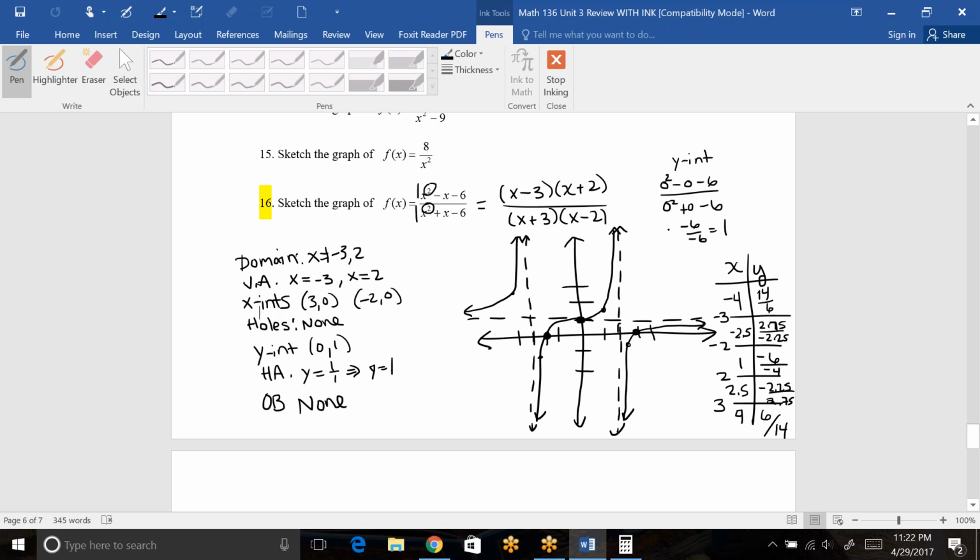This is probably the most complicated. The first two of them are a little bit more basic, but this gets you a lot of information. You saw vertical asymptotes, you saw x-intercepts. The best thing I can tell you on these on the test is just to put every bit of work that you can into it, because there's a lot of pieces and you have to understand how they're kind of fitting together.